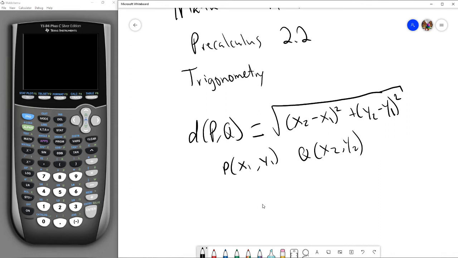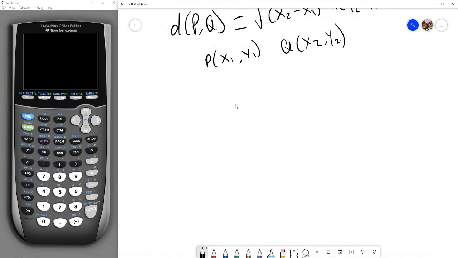You can't mix them up. But it doesn't matter if you call P (x2, y2) and Q (x1, y1). The equation will work out the same, so you will get the same answer regardless of what numbers you plug in for x1, x2, etc.